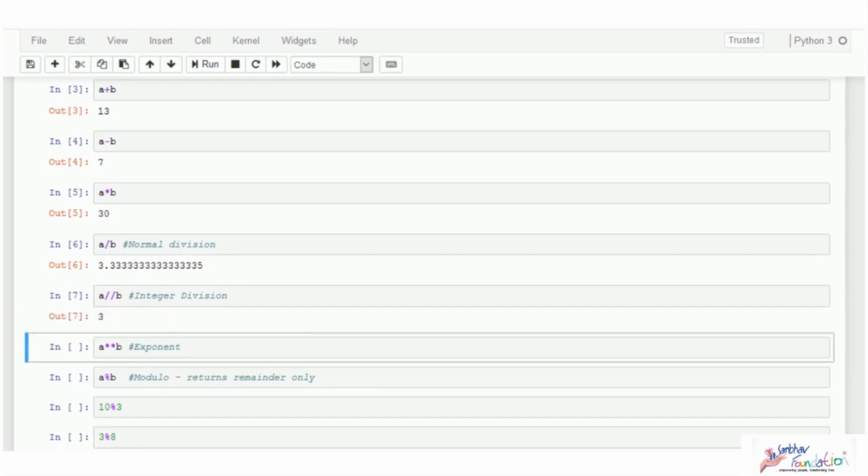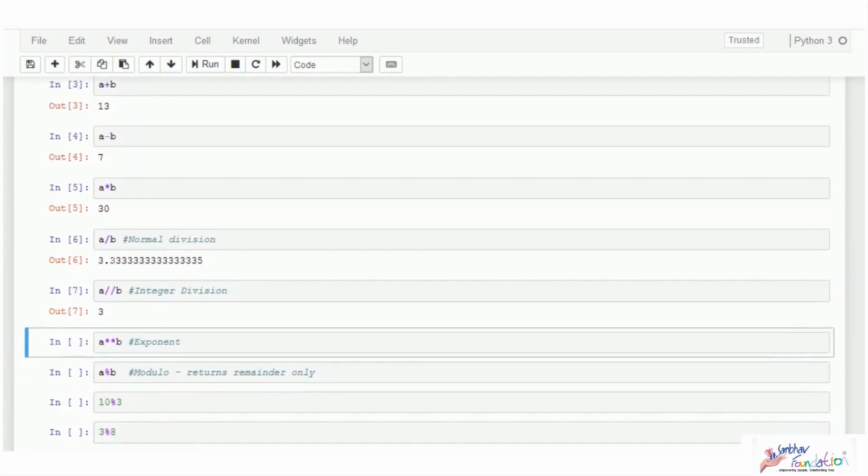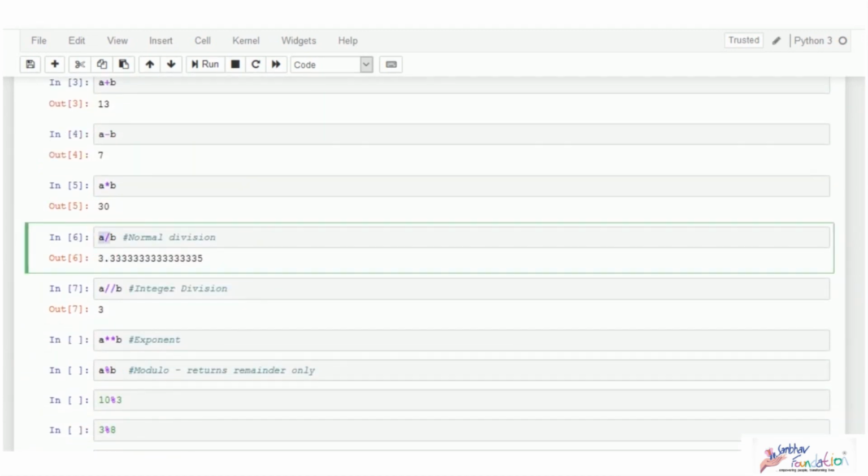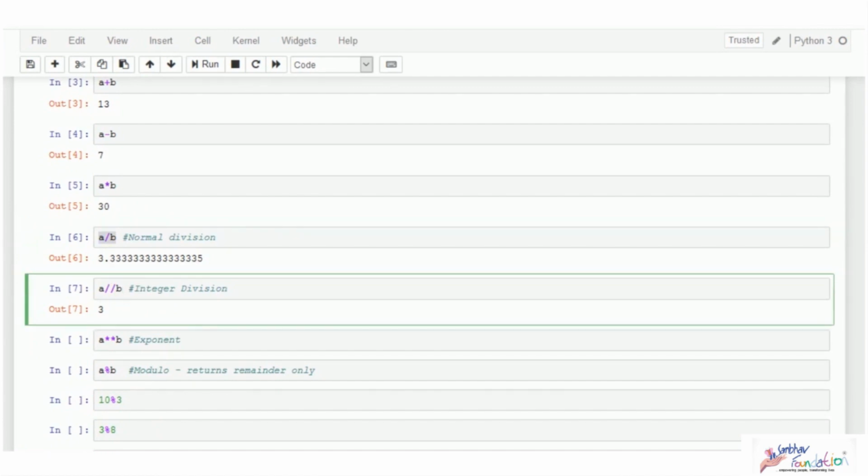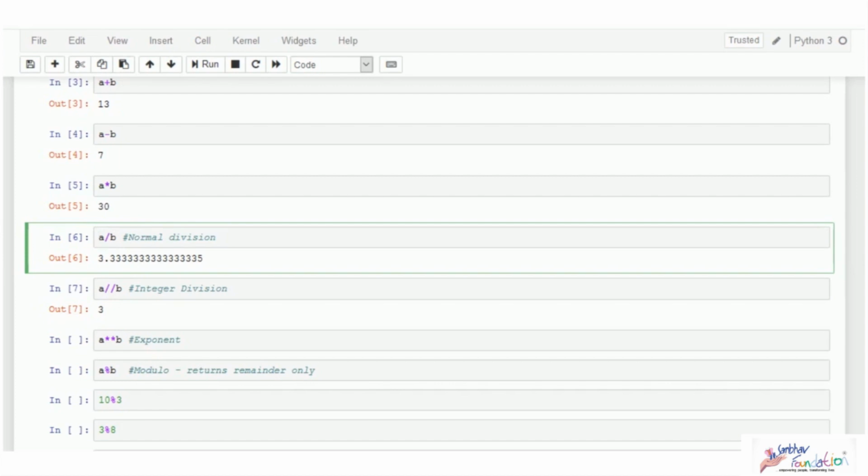So when we divide, a is 10 and b is 3. In normal division, 10 by 3 gives you 3.33, but integer division only gives you the integer part. So it leaves out whatever comes after the decimal point. Use a single slash for normal division and double slash for integer division.